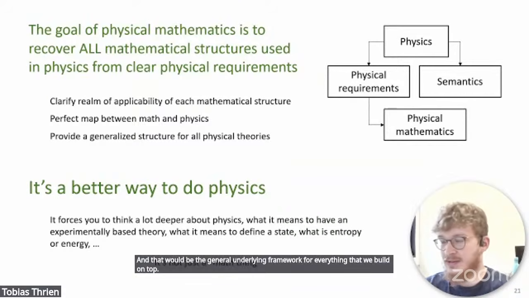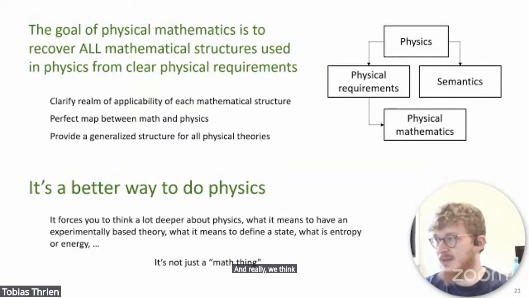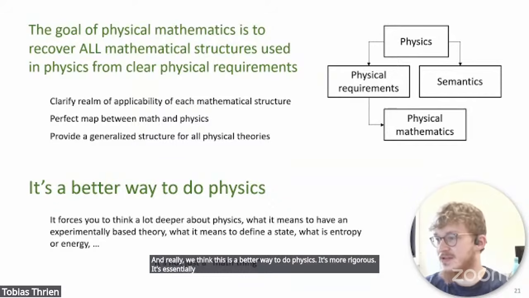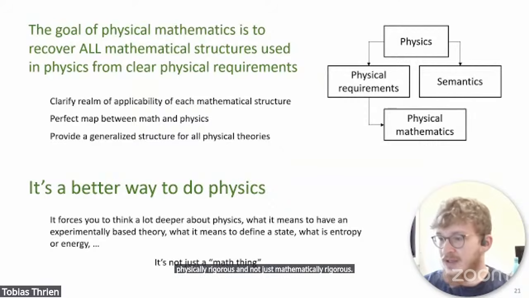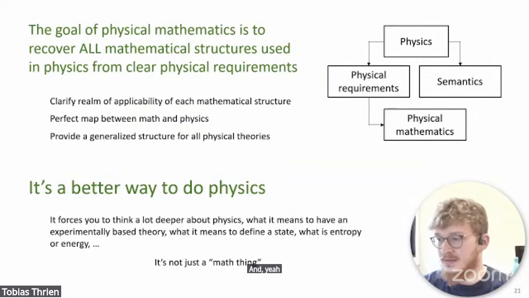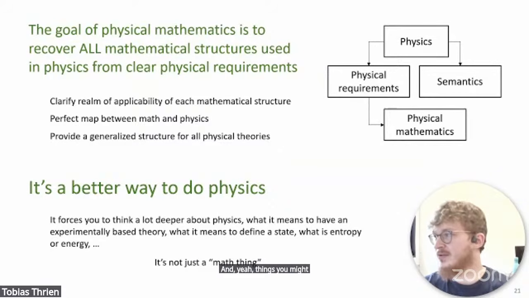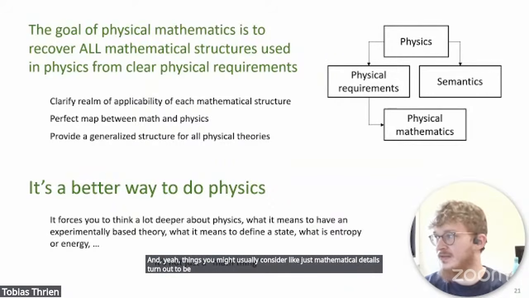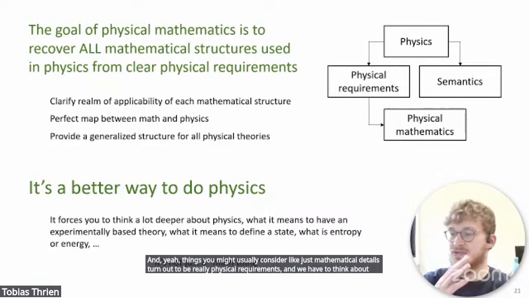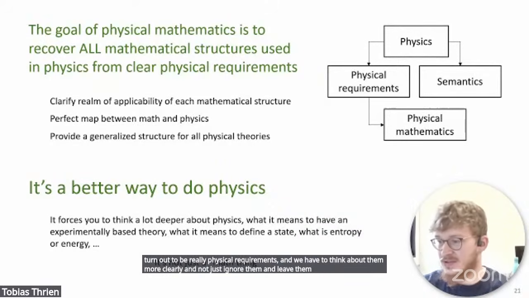And really, we think this is a better way to do physics. It's more rigorous. It's essentially physically rigorous and not just mathematically rigorous. And things you might usually consider just mathematical details turn out to be really physical requirements, and we have to think about them more clearly and not just ignore them and leave them to the mathematicians.